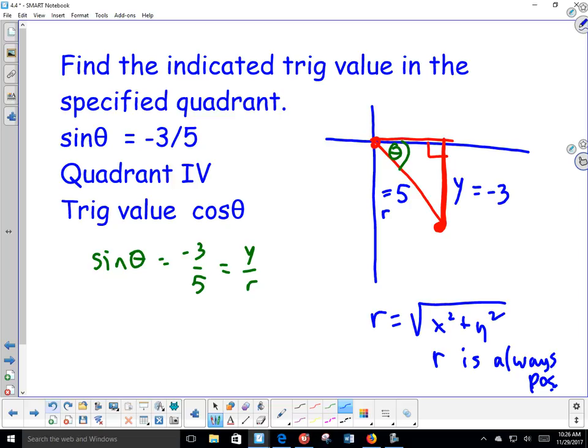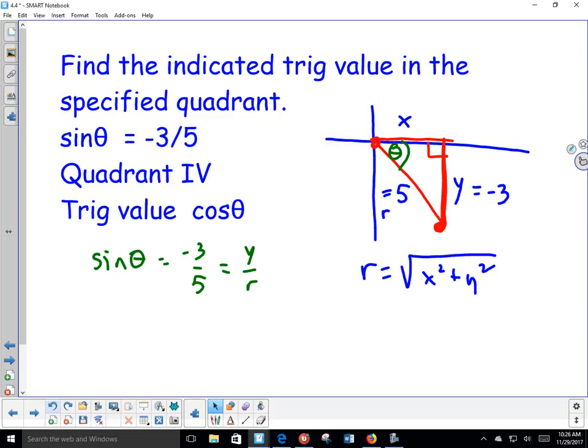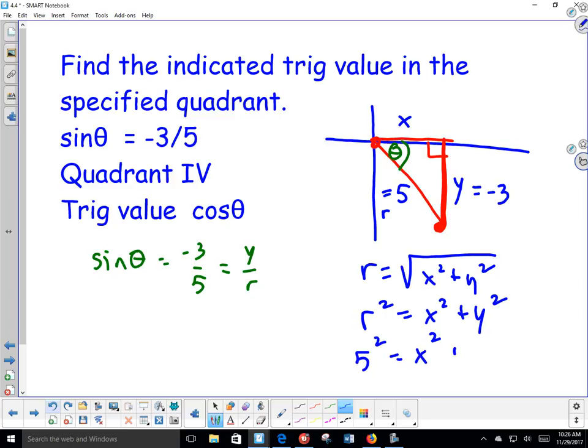Okay, so we know that the y is -3 and the r is 5, and we can find x by using this formula right here. We're going to say, well, r squared equals x squared plus y squared. We're going to get 5 squared equaling x squared plus -3 squared.